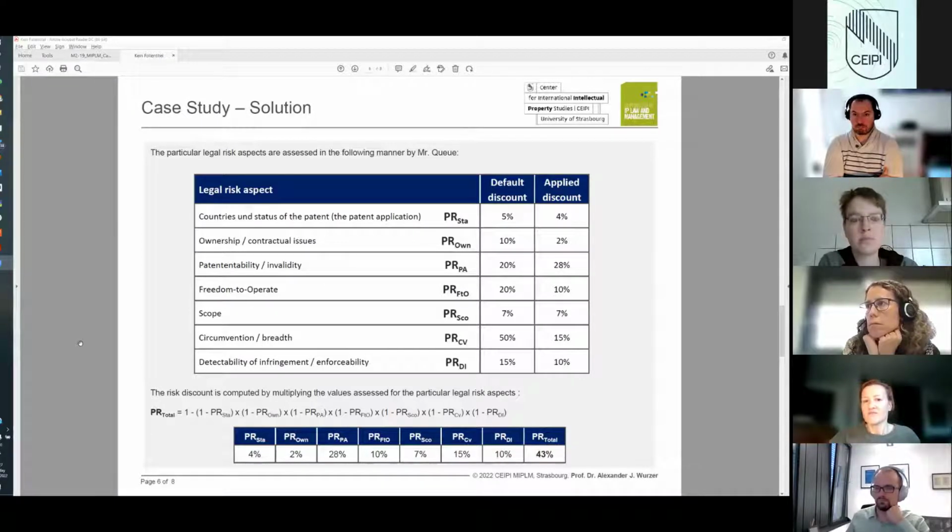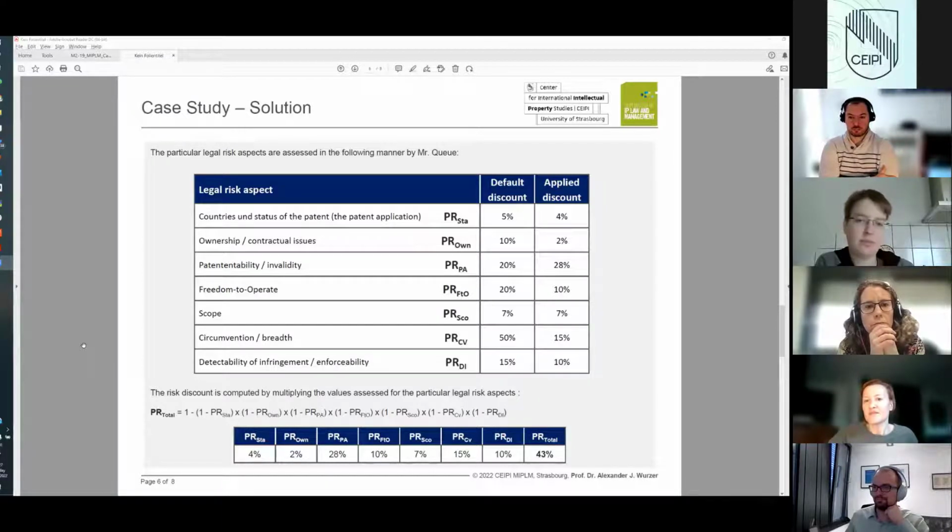With regards to the freedom to operate, we could reduce it again, because of the uniqueness and the novelty of the technology, and because it is visible from the case study that they have no real competitors. The scope is aligned, so here we have the same applied discount as the default discount.